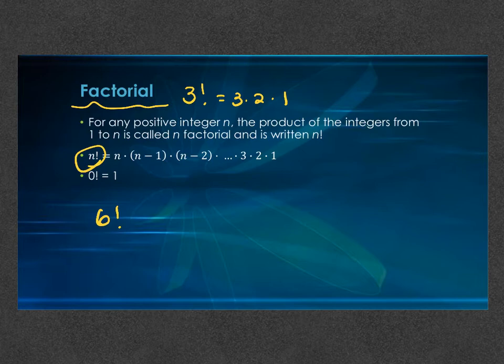Now, scientific calculators have a button that says X factorial. You just got to find it, okay? On a graphing calculator, it's in the probability menu under math. So let me take a picture of it.